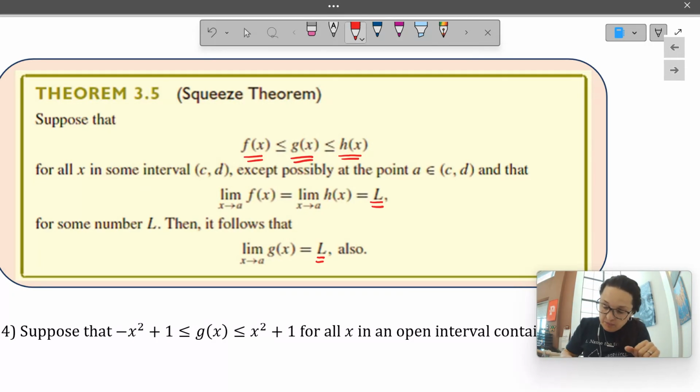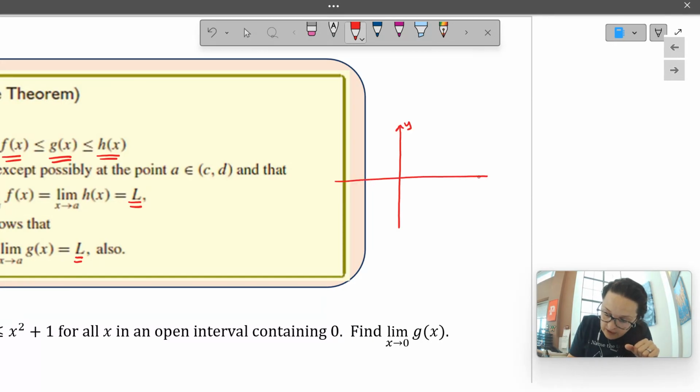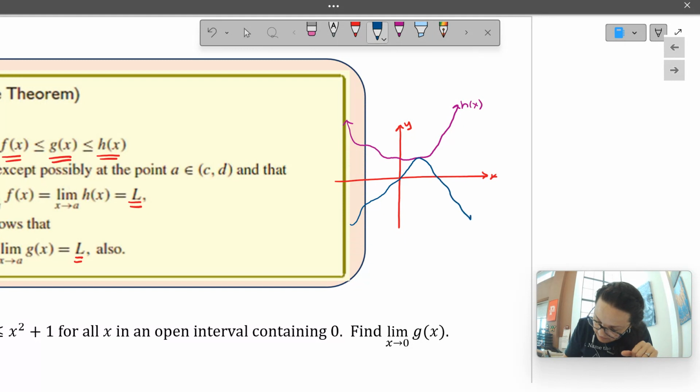Here's what that means as a picture, and I want you to draw this picture off to the side. Basically, it's saying, if I have a graph of h, and h of x is right here, and then I have a graph of f, and f is down here.